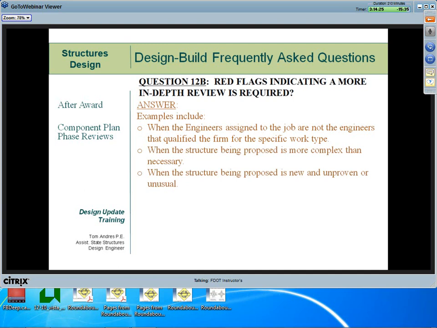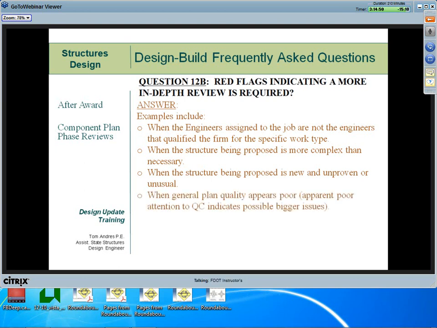or unusual. And I might point out here, if you're proposing something in the technical proposal that we haven't seen built in Florida, you need to spend a little extra time in the technical proposal to make us feel comfortable about it. You need to try to cover some of the aspects that you think we might be concerned about.